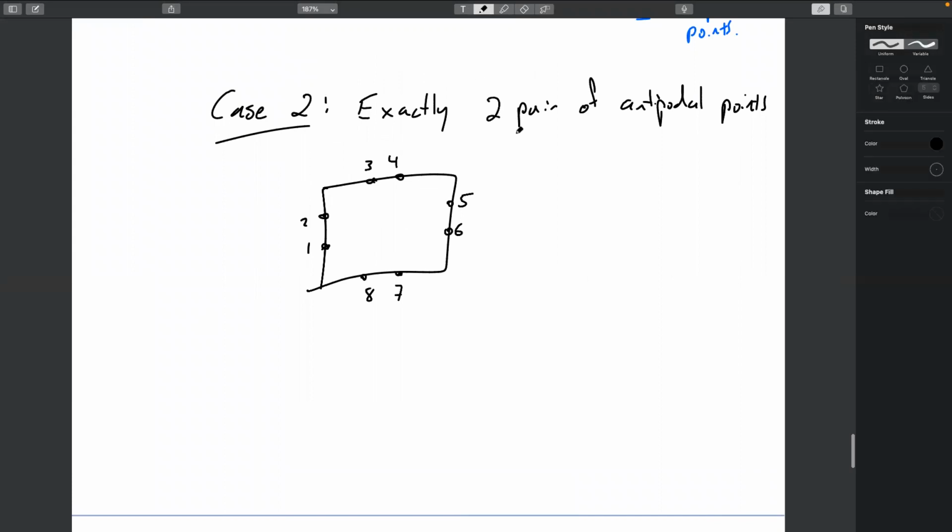I'll go to exactly 2 pairs. This is possible, maybe. So now I need to choose 2 pairs of points, which is kind of tough. Let me give you a hint. If I'm going to choose 2 pairs of points, I'm really just choosing 2 from this group, and the ones that they connect to are determined by the fact that it's antipodal. So I just need to pick 2 points out of 1, 2, 3, 4. How many ways are there to choose 2 points out of a collection with 4 objects? 4 choose 2.